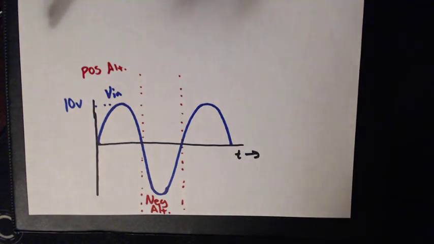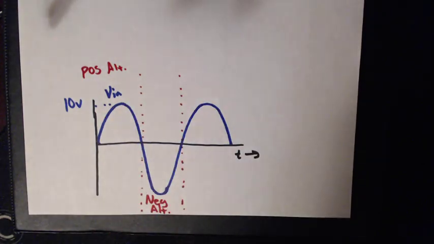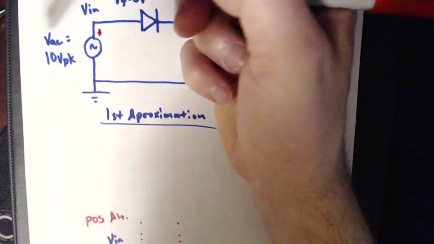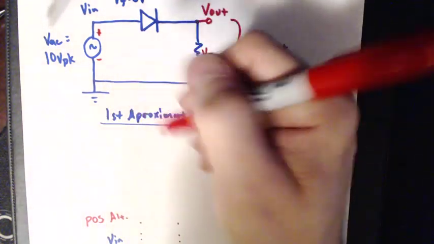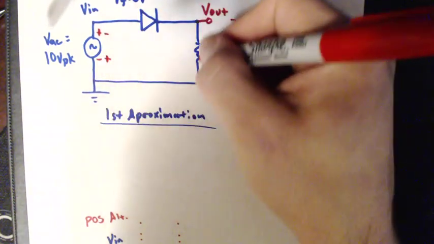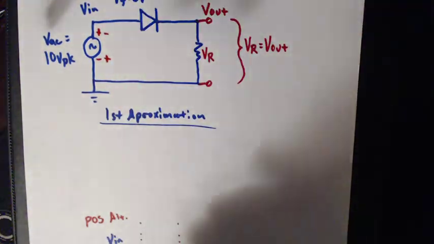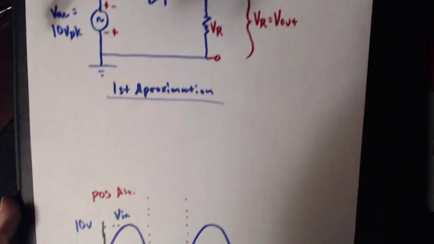Breaking this up into the positive alternation and the negative alternation makes a lot of sense for this circuit. The reason is that during the positive alternation, this AC voltage source behaves as though it has positive up here, minus down here, causing the current to go in one direction. The other half of the time, during the negative alternation, it's positive down here, minus up here, and the current's actually going backwards. So let's draw the circuit twice and see what happens.